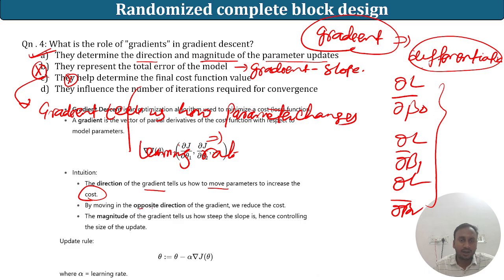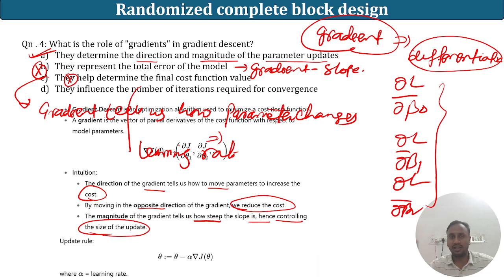By moving in the opposite direction of the gradient, we reduce the cost. The magnitude of the gradient tells us how steep the slope is. It's controlling the size of the update. It's nothing to do with the error, the final cost function, or the number of iterations. The number of iterations is actually governed by the learning rate.